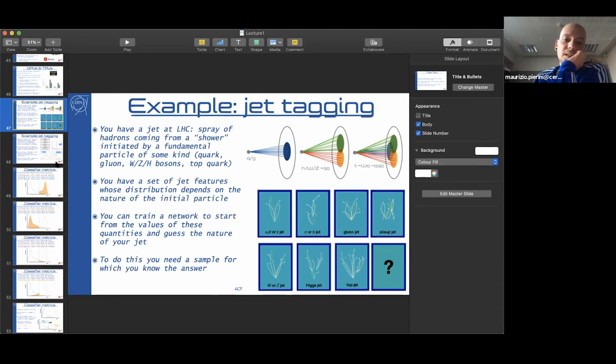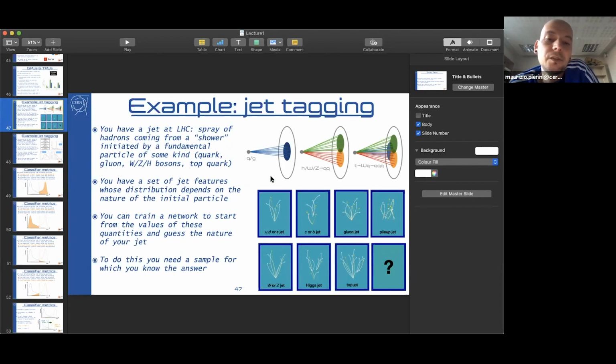So the problem we're taking is a typical problem for machine learning applications at the LHC, which is jet tagging. I give you a sample of jets, and you need to figure out which kind of particle that jet is coming from. There are basically 3 main classes of objects, but actually we play with 5 classes.